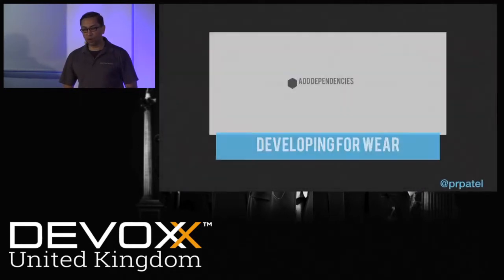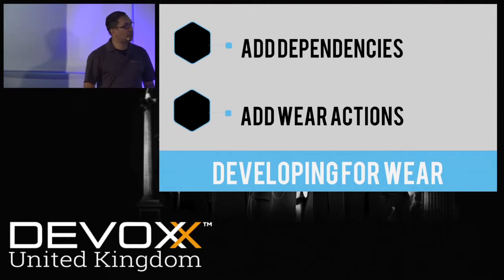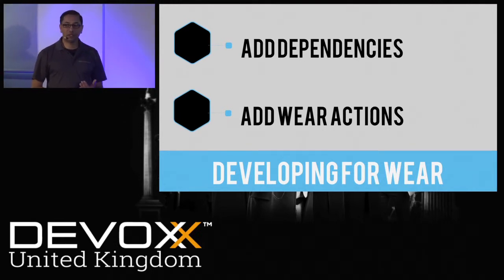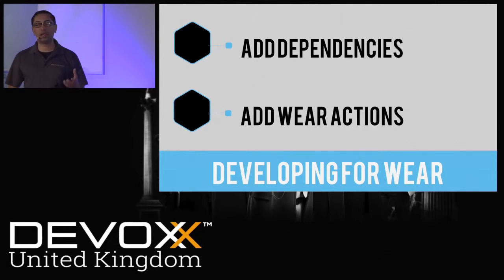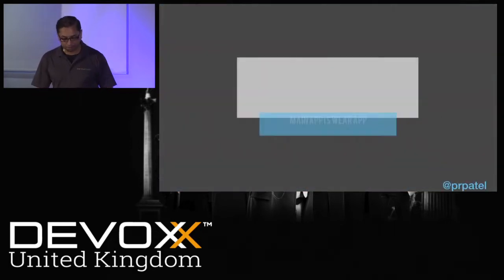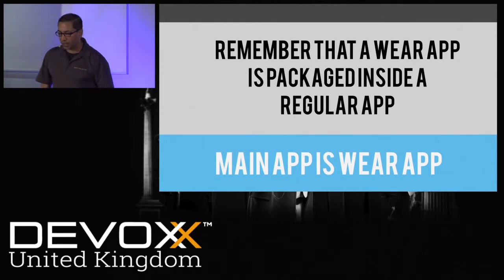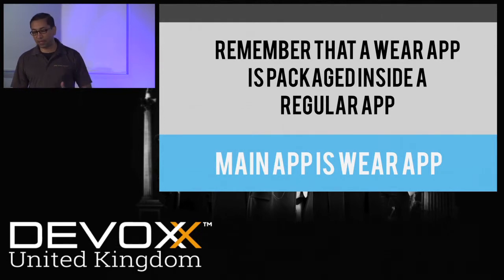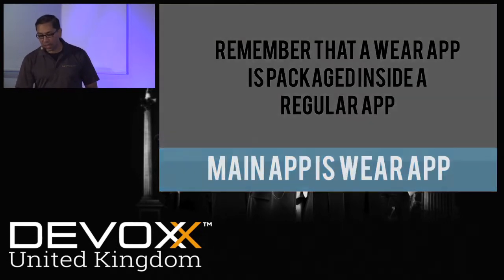Let's talk about developing for Wear for a bit. It's relatively straightforward. You just need to add the dependencies for Android Wear, and then you have to add a few actions and other things inside of the Android manifest for building a watch application. Again, remember that a watch app is packaged inside a regular application.